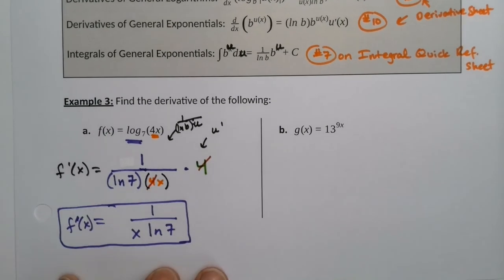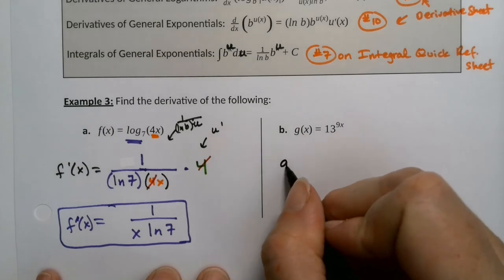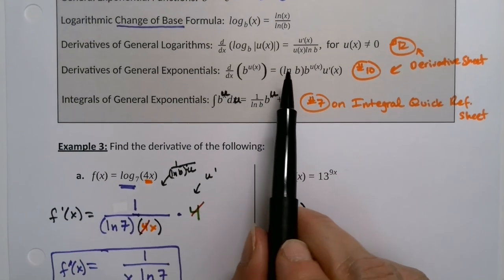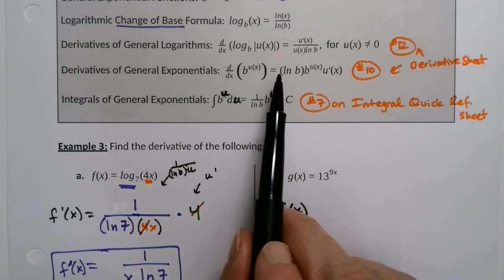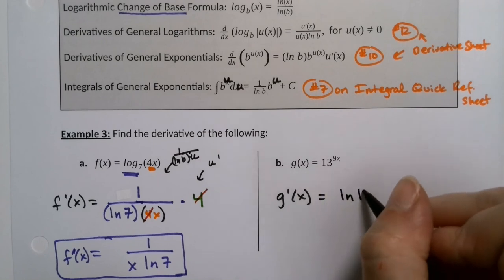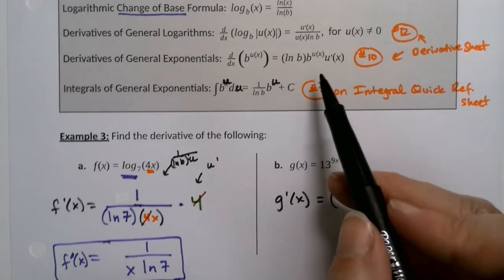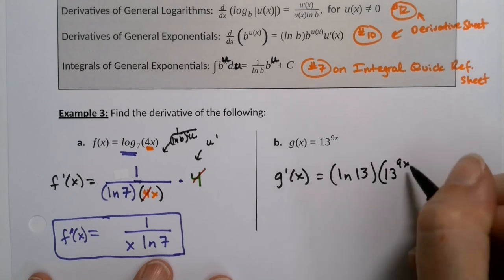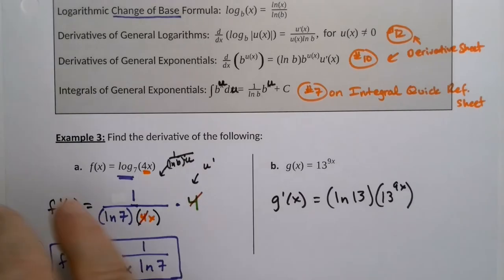Okay, now g prime of x. It would be this rule, so we would use rule number 10 here. We take the natural log of b, so that would be the natural log of 13, times b to the u, so we just leave it alone, 13 to the 9x, times u prime.